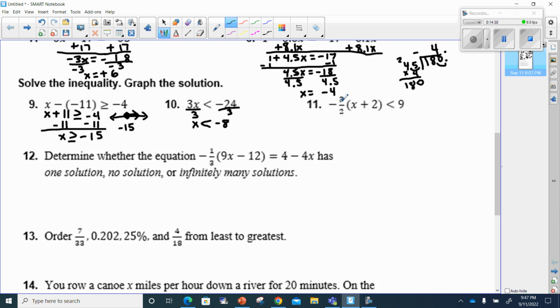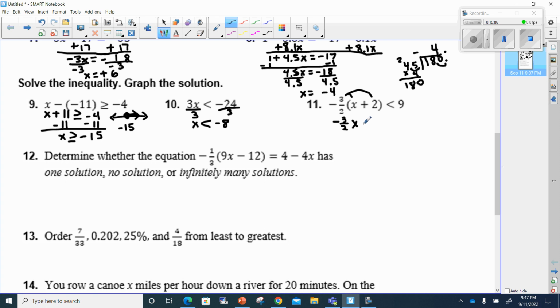On number 11, I'm going to have to distribute first, which means I'll bring that first number and multiply it to everything inside. This will give me a negative 3 over 2x. Because negative 3 over 2 times x, that means we just make that negative 3 over 2 the coefficient. Now we take negative 3 over 2 and multiply it to 2.